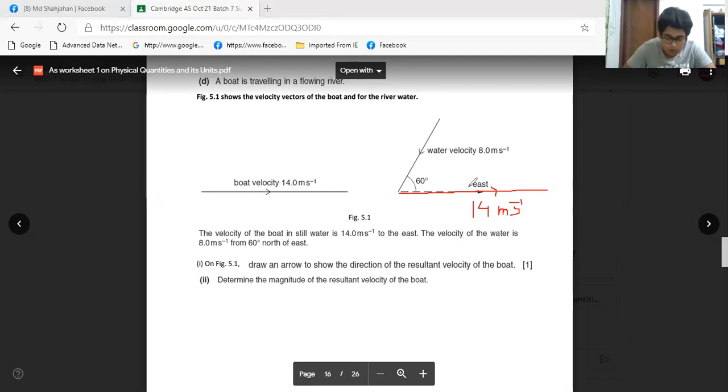Look, you learned about the triangle rule. What is the triangle rule? Can you check from the notes? The direction goes where the angle is given.